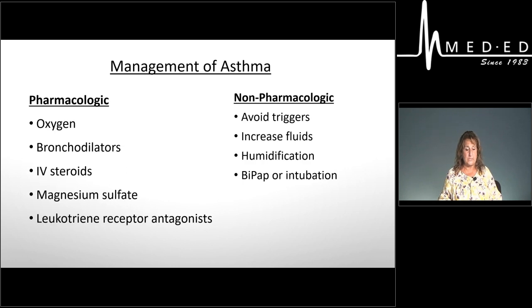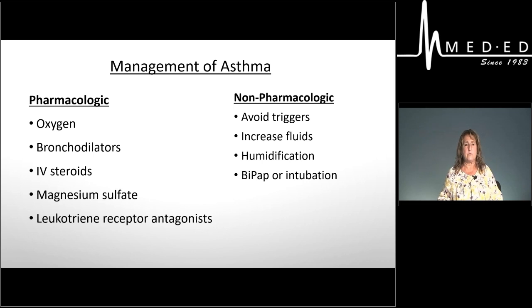So how do we manage asthma? We'll give them oxygen and then bronchodilators to help. Those are going to be your beta agonists, which again we haven't talked about yet, but we will in just a few minutes, to open up that airway. Steroids help with the inflammatory response. Magnesium sulfate is a smooth muscle relaxer, so you might give that to your patient to help decrease the constriction around those bronchi.